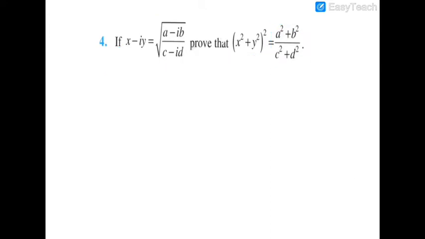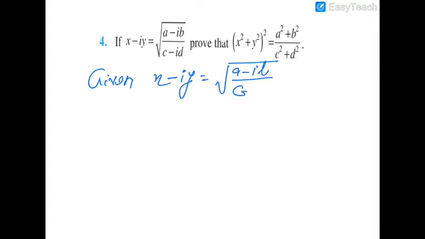The steps which we'll be taking: first of all, whatever is given, we'll write it as given: x minus iy is equal to the square root of (a minus ib) upon (c minus id).